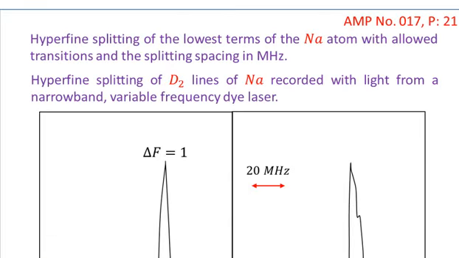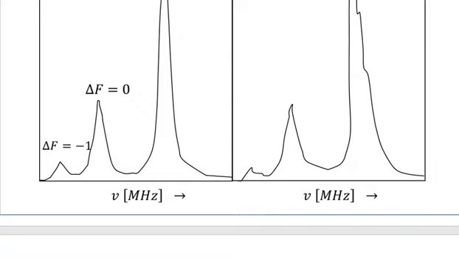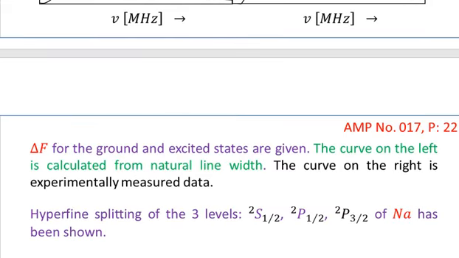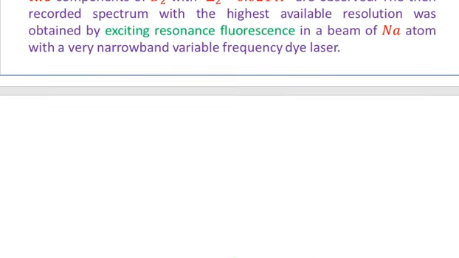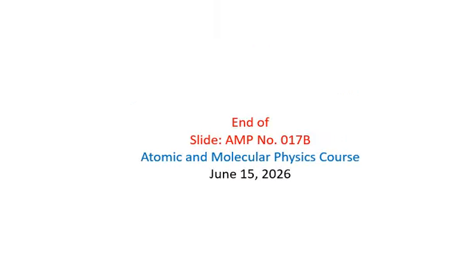And these are the measurements corresponding to D1 and D2 lines in theoretical and experimental data. And you see that this lecture is continued. And this is the end of lecture number 2 of the course on hyperfine structure.